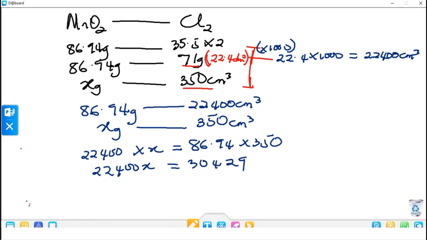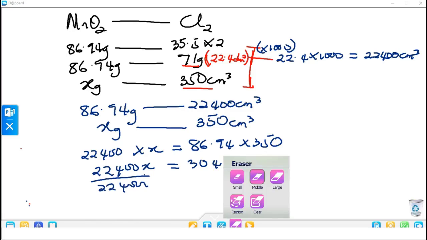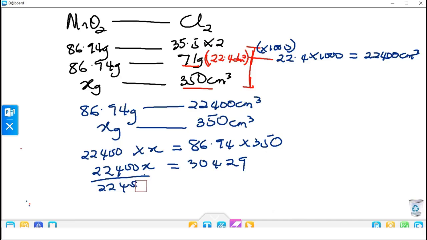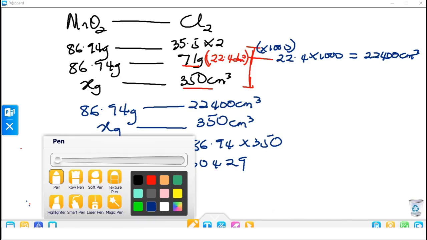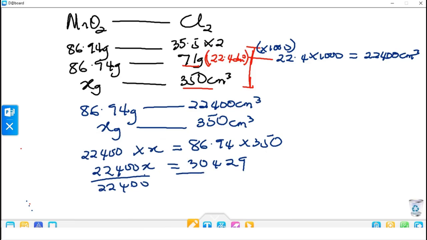So our x will be, dividing both sides by 22,400, 30429 divided by 22,400.